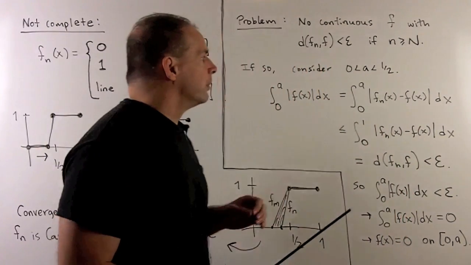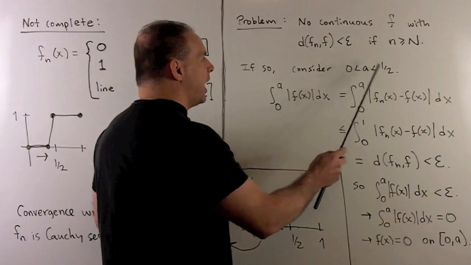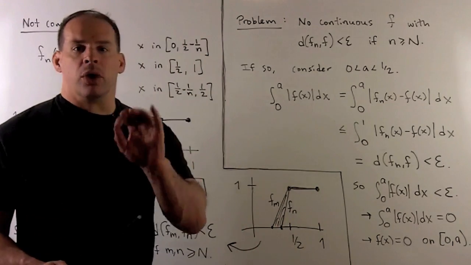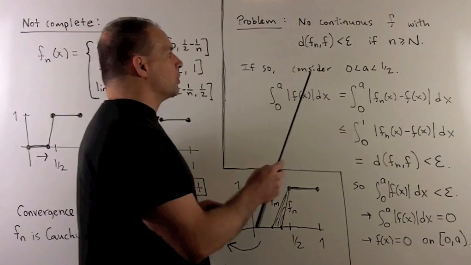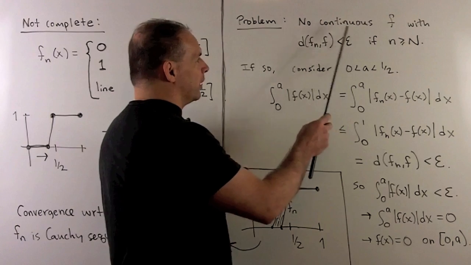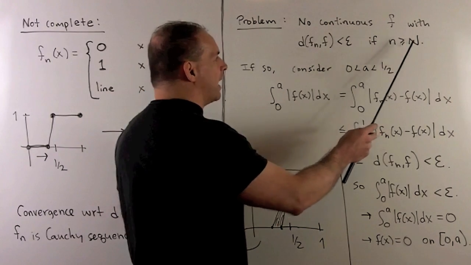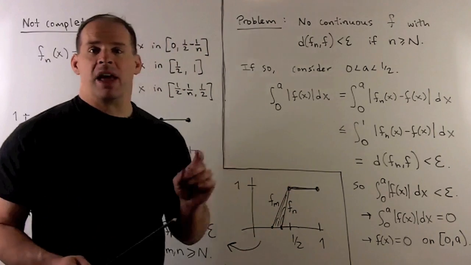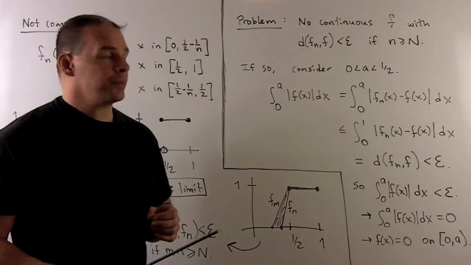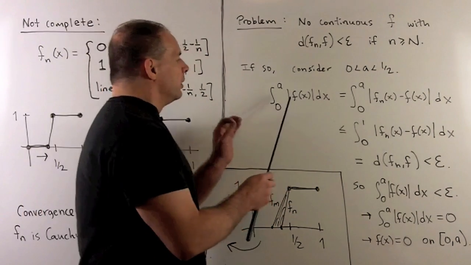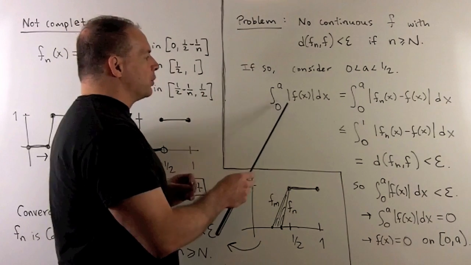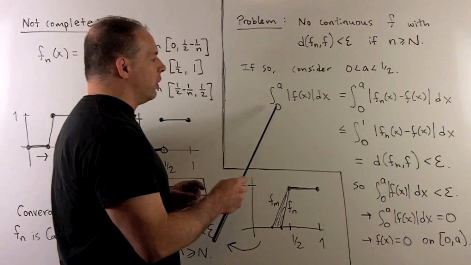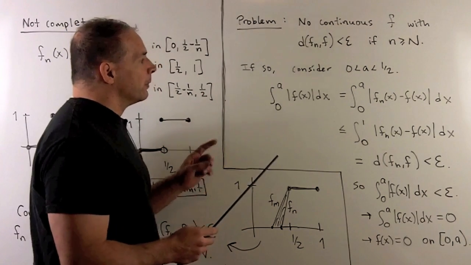Now to see this, we'll pick an a between 0 and a half for a Cauchy sequence. I'm going to assume that we're given an epsilon, and I can find some n such that the distance between f sub n and f is less than epsilon if we go out far enough. Now, we take the integral of the absolute value of f over the interval from 0 to a.